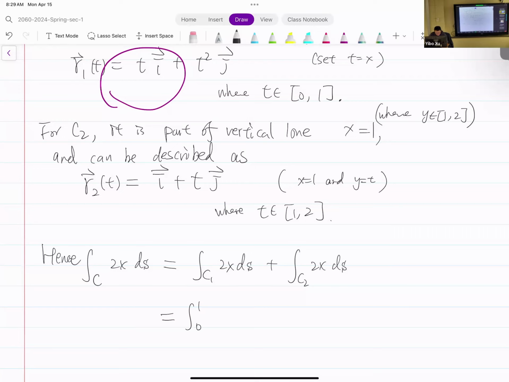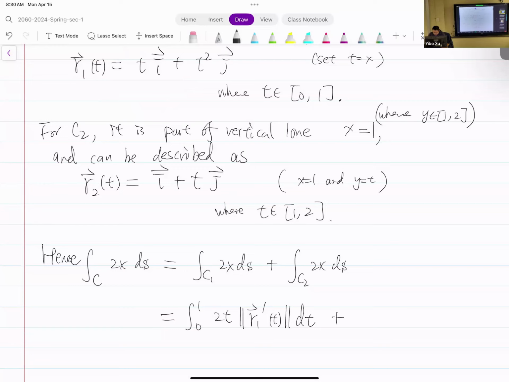So this is actually 2 times t, that's 2x. We evaluate along the curve. And then ds. This is a parameterized curve, so we write r1 prime, taking the tangent direction and also the magnitude, and then dt. We will specify this magnitude a bit later.